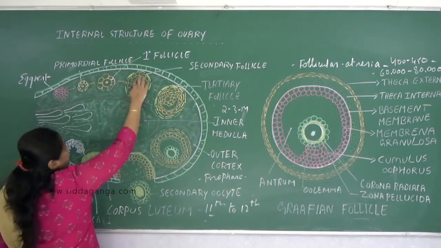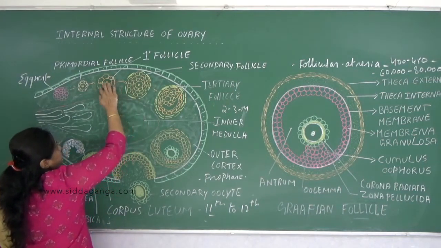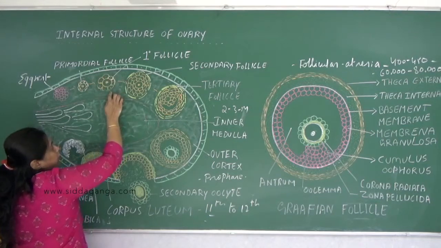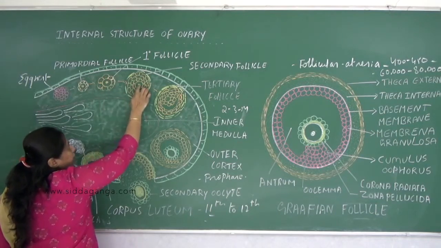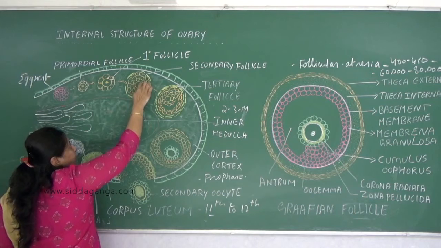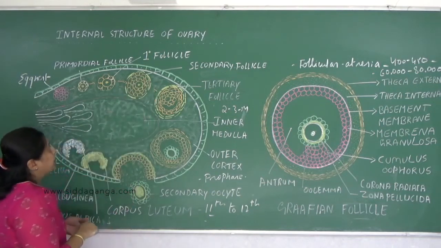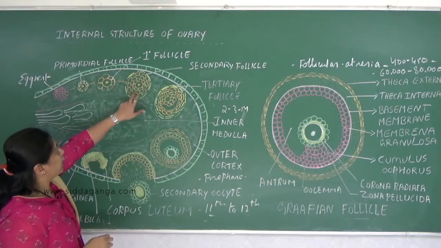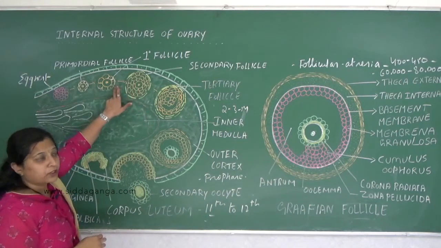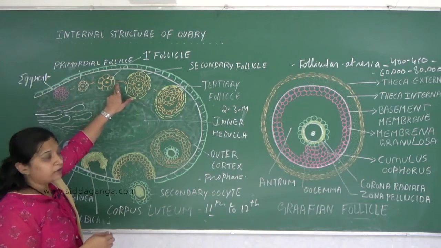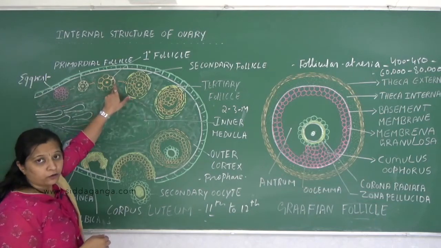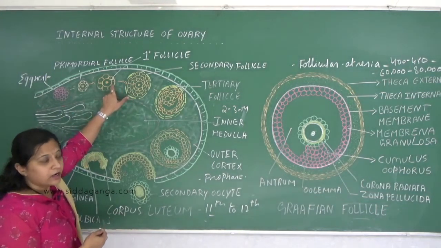Initially the primary oocyte is surrounded by a single layer of granulosa cells. Here in the secondary follicle, the primary oocyte is surrounded by many layers of granulosa cells. The greater number of granulosa cells is formed due to the multiplication or proliferation of the granulosa cells present in the primary follicle.